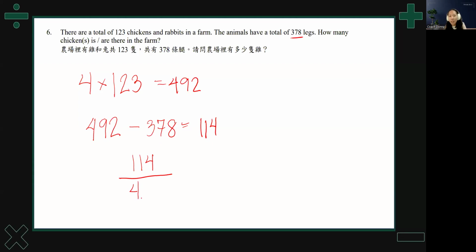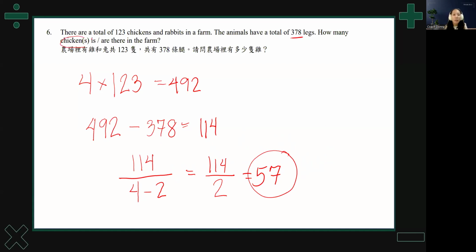You have 4 legs for a rabbit and 2 legs for the chicken. So 4 minus 2 is 2. 114 divided by 2 would be 57. Okay, I mean 57 is the number of chickens.